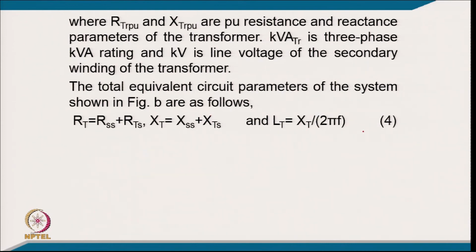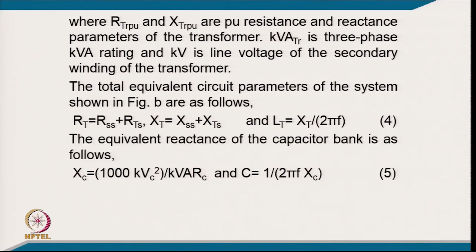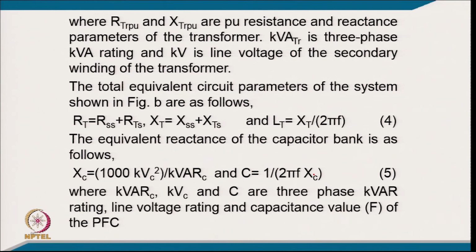the fundamental frequency of the supply. From this, the equivalent reactance of the capacitor bank can also be calculated from the KVAR rating. You already have the voltage rating of the capacitor where it is connected. So, you have XC, and from this you can calculate the capacitance. This is the inductance of the feeder including the transformer, and this is the capacitance where the capacitor is connected.